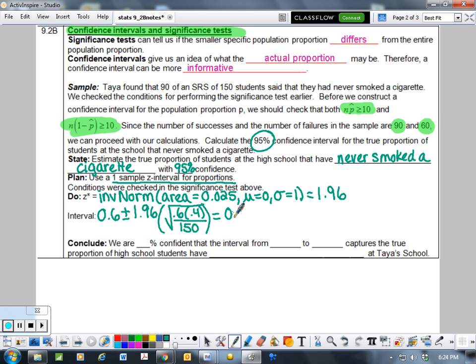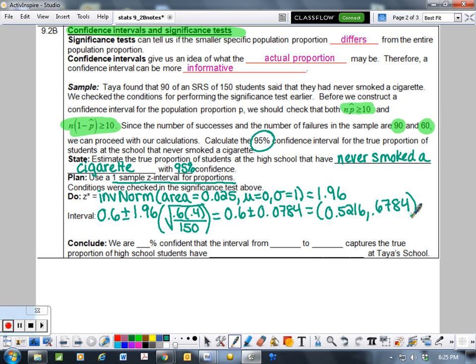I get 0.6 plus or minus 0.0784. So 0.6 minus that gives me a lower bound of 0.5216, and 0.6 plus 0.0784 gives me an upper bound of 0.6784.